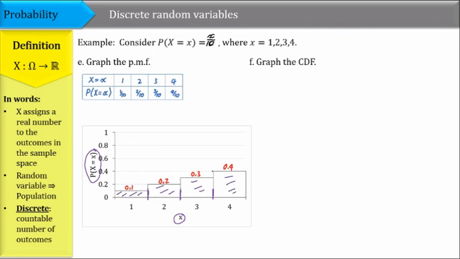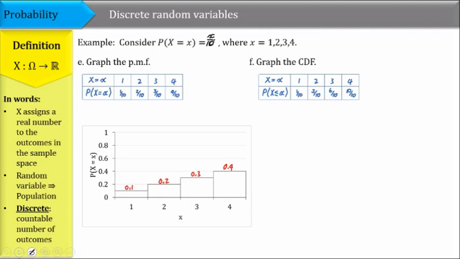You can see here the height of this last bar is 0.4. That's the 4 over 10. It is for x equal to 4. So if we take the height of this bar, which is 0.4, the width of this bar is 1 unit. It is at position 4, but the width is 1 unit. So width of 1 unit times 0.4 gives us a surface area of 0.4.